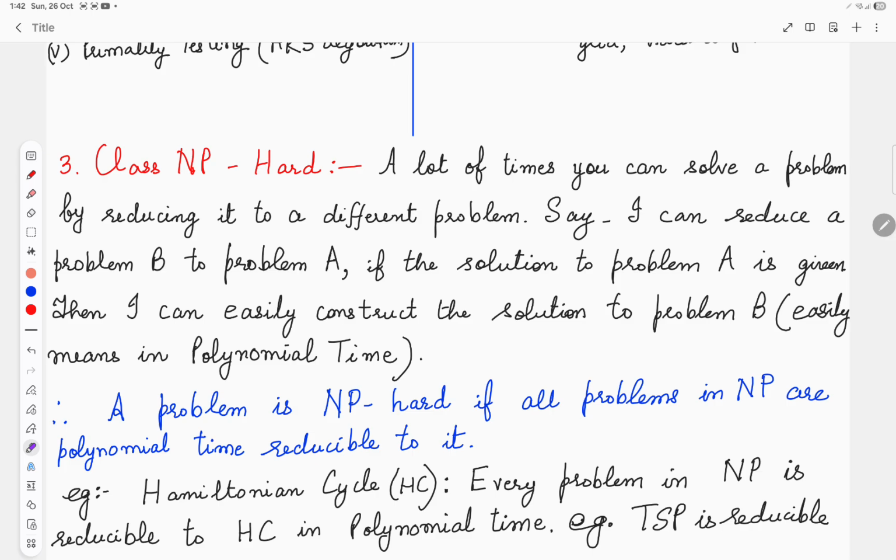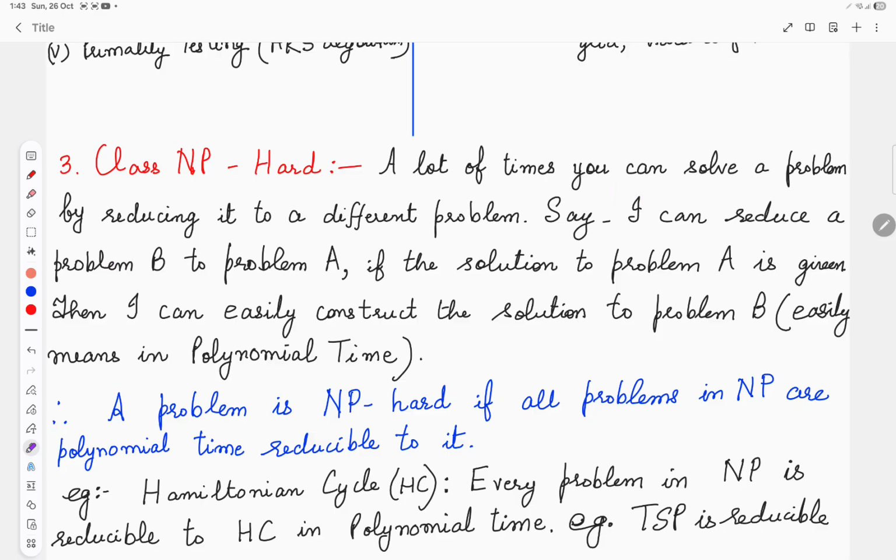So we have tried to understand what is P and NP. Now with NP there are two more characteristics attached, and these are the class NP hard problems. So let us see what is NP hard. A lot of times you can solve a problem by reducing.